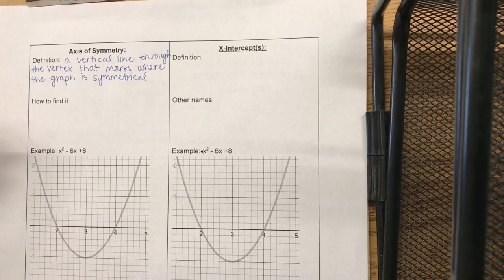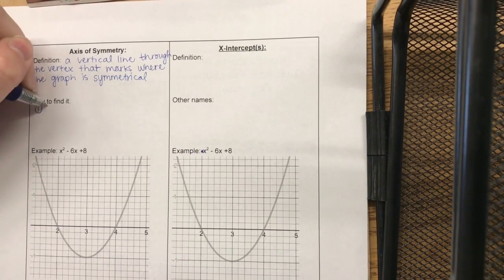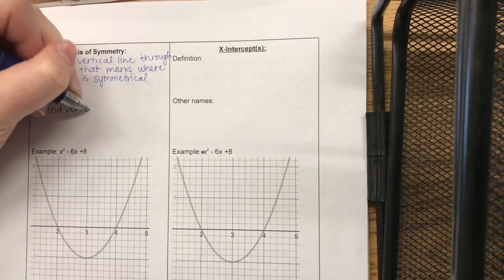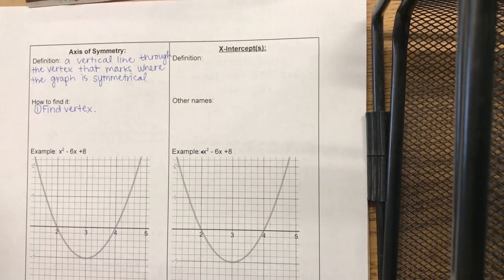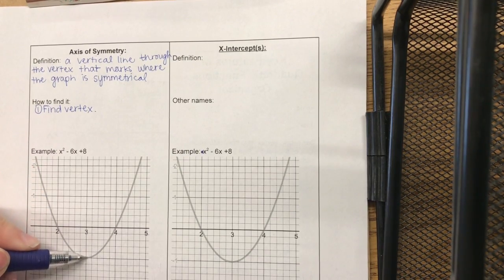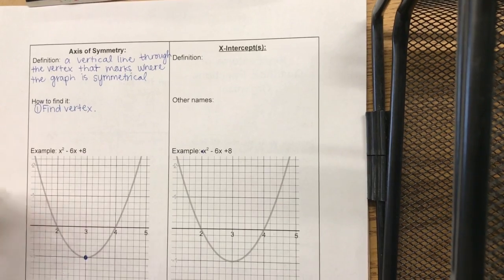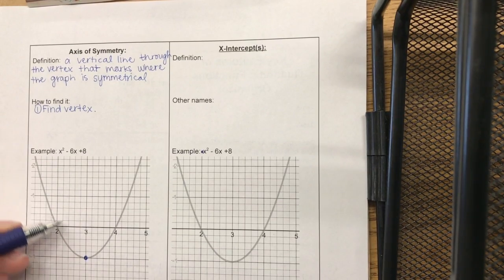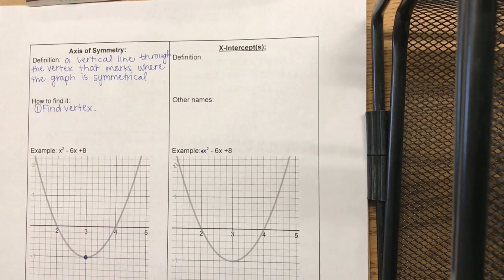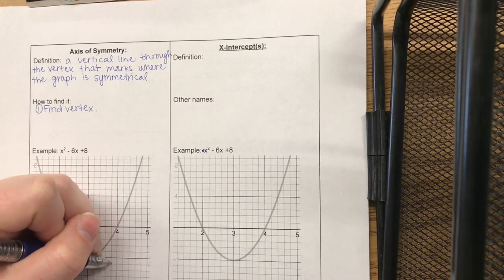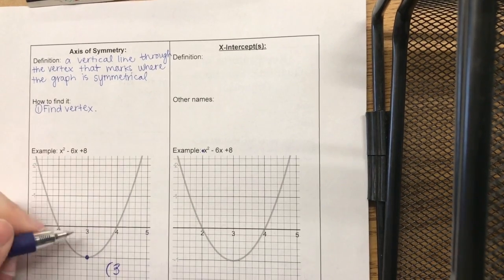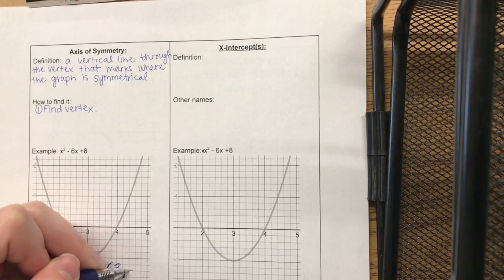So, how to find it? Find vertex. Where is our vertex here? I'm seeing a vertex right here. That's where our graph seems to change direction. It was going down, and now it's going back up again. So this vertex seems to be at, oh, it's the same one as before. This vertex is at x equals 3, y equals -1.